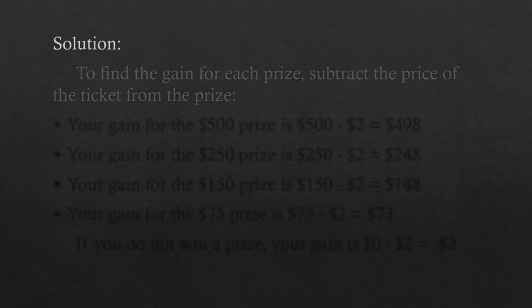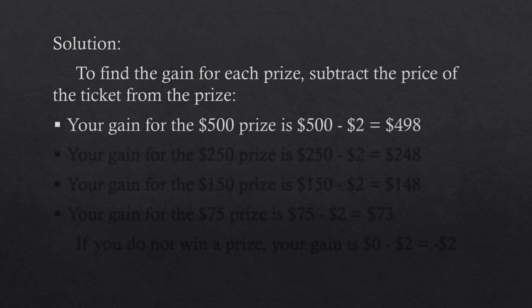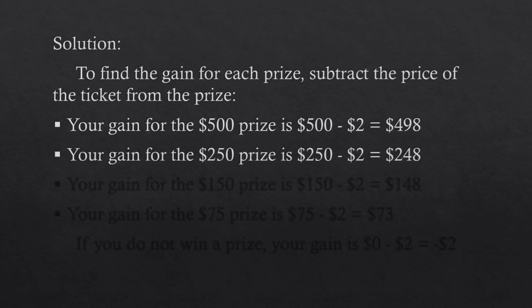Solution. To find the gain for each prize, subtract the price of the ticket from the prize. First, your gain for the $500 prize is $500 minus $2, which is $498. Second, your gain for the $250 prize is $250 minus $2, which is $248.